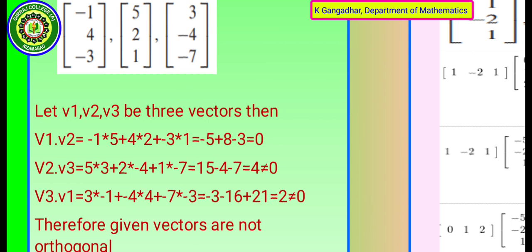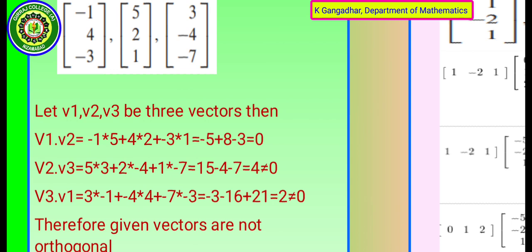First, v1 dot v2 equals v1 transpose into v2: minus 1 into 5 plus 4 into 2 plus minus 3 into 1, equals minus 5 plus 8 minus 3 equals 0. So v1 dot v2 equals 0.